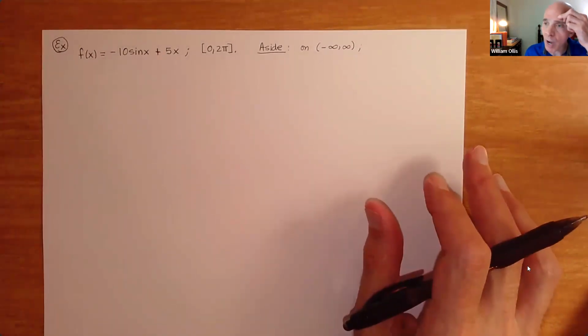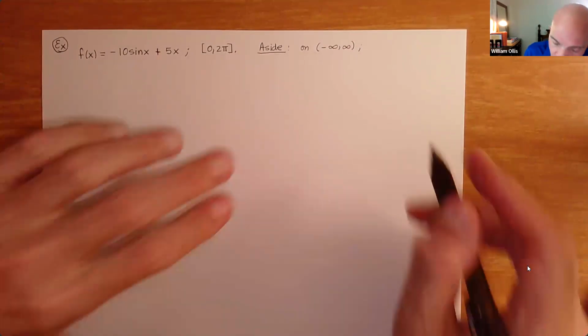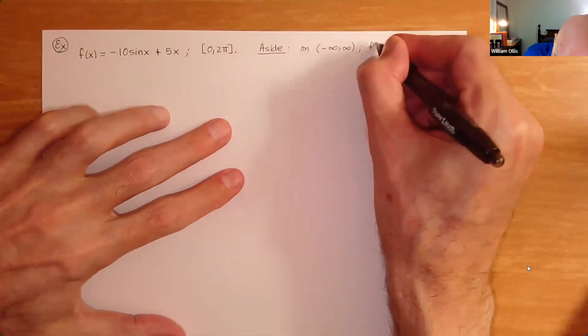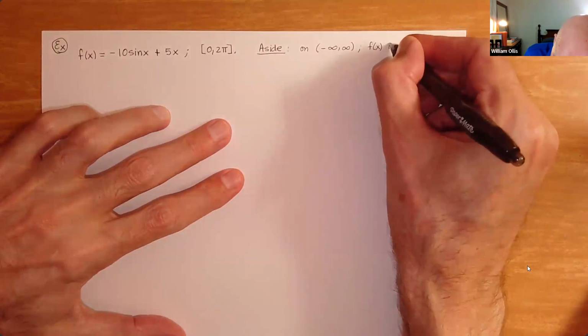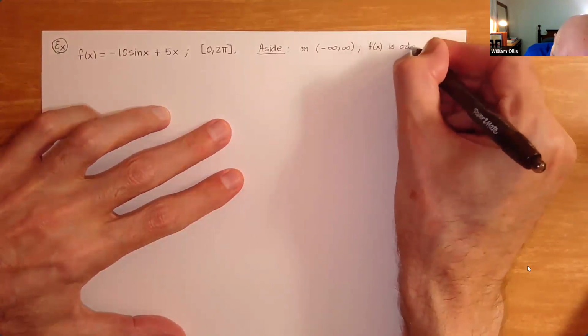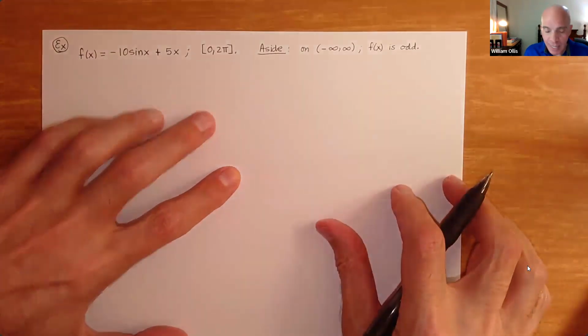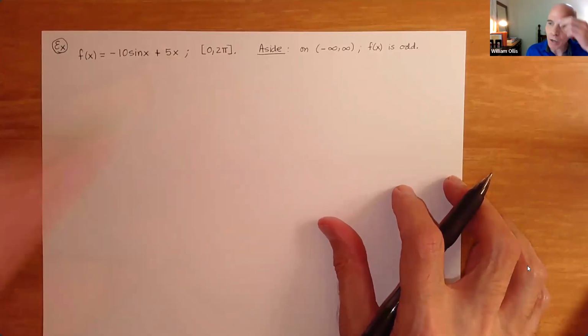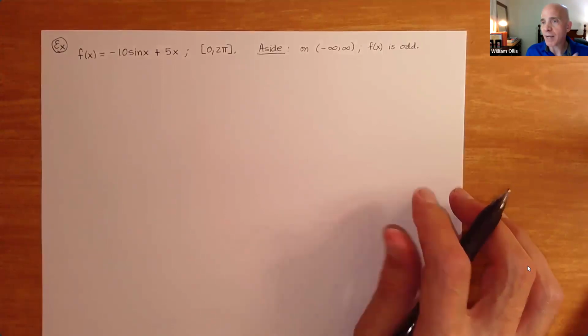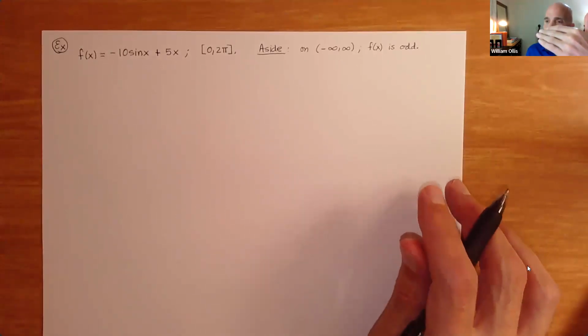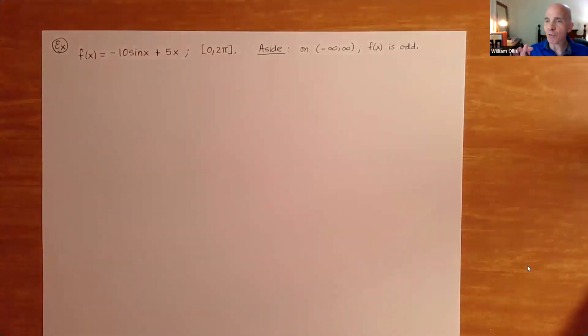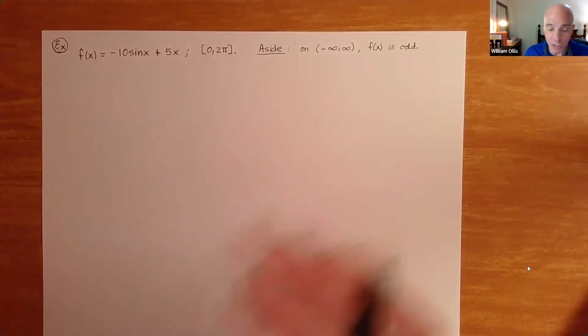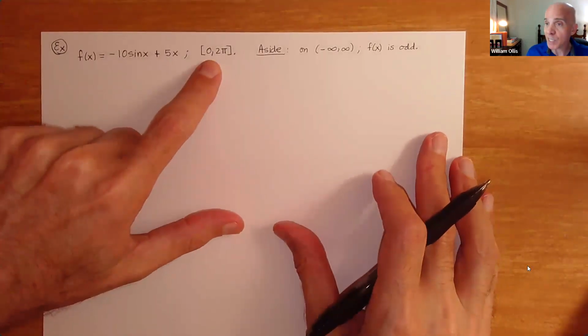And the sum of two odd functions is also odd, so this gives us f of x is odd. So if you determine any detail in this particular interval, you can transfer that detail to the interval negative 2 pi to 0 just by transferring all of that information through the origin, because we know that an odd function has symmetry relative to the origin. So this gives us free material.